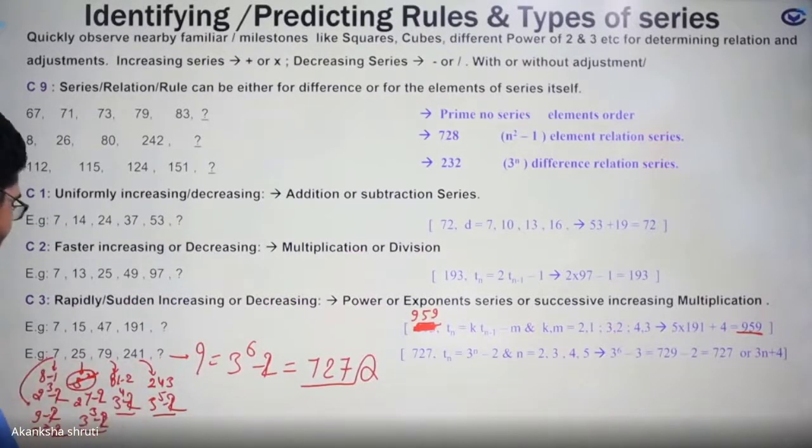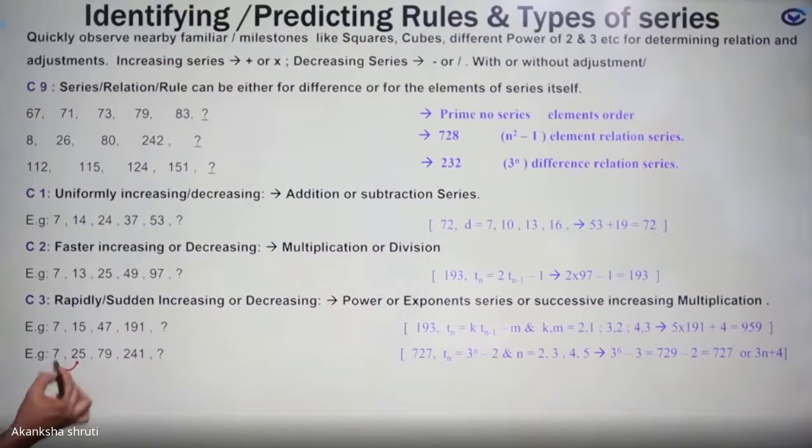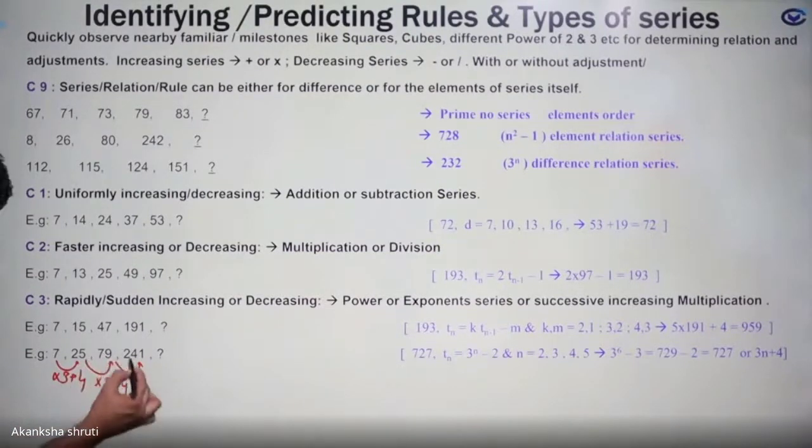Students, can we apply the multiplication series here? Let us try with that one also. If we are taking 7 threes are 21 plus 4. Okay, it is applicable. 25 threes are 75 plus 4. Okay. Now apply this here also. Students, again let us go for multiplying it by 3. 8 threes are 24.